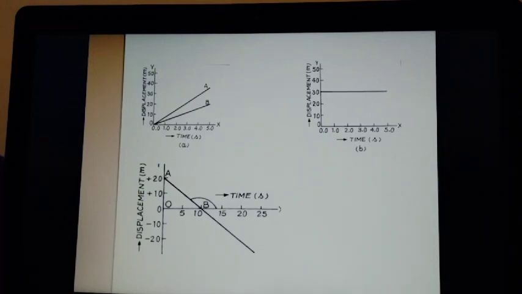If the object is returning back to its initial point, then the angle made by the position time graph with the time axis will be more than 90 degrees. These are the inferences taken from the position time graph. Remember, the slope of the position time graph is the velocity.